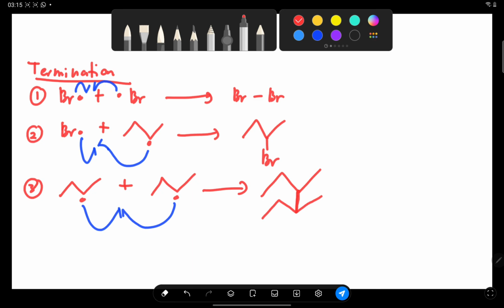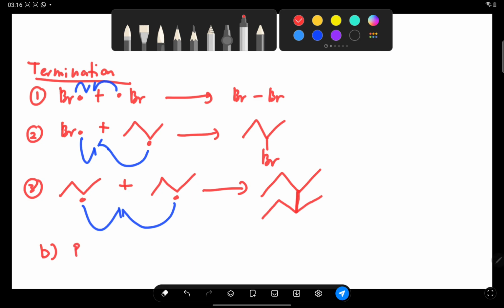Okay. And then what is the name for this mechanism?